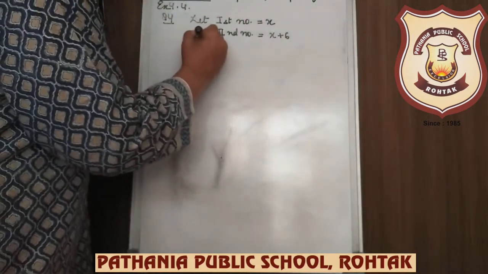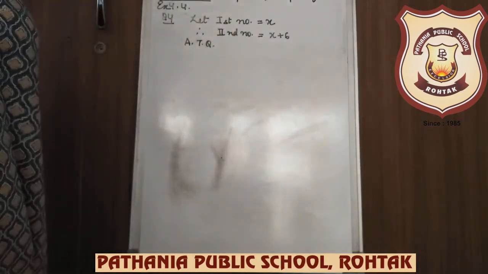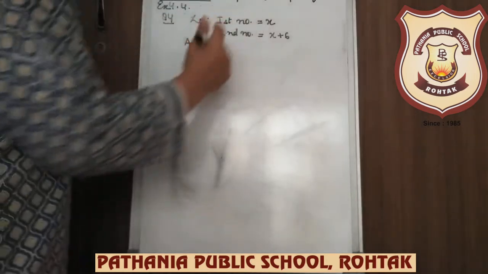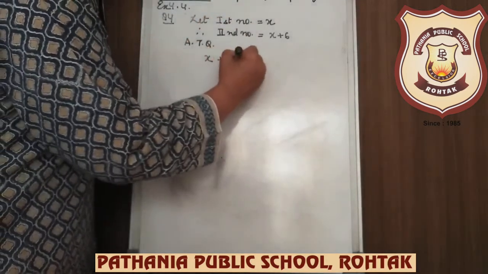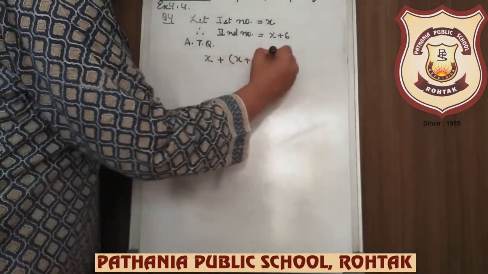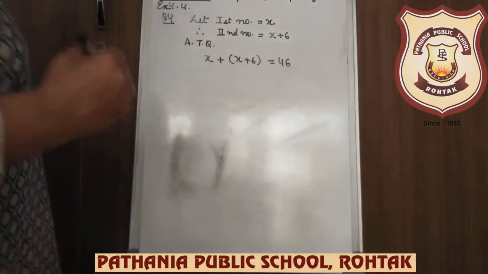Now according to the question, the sum of two numbers is 46. So when I add the first number, x, and the second number, x plus 6, it gives me the answer 46.